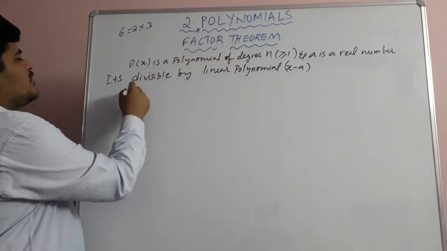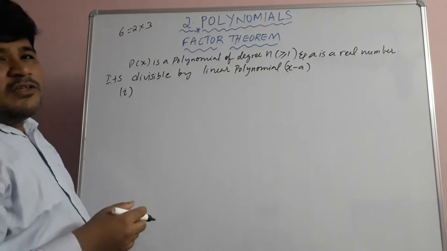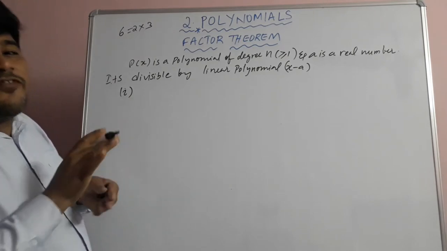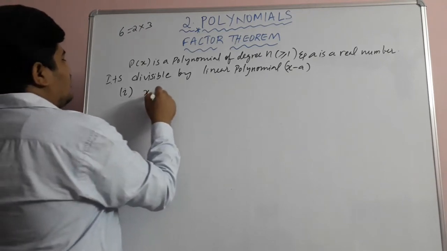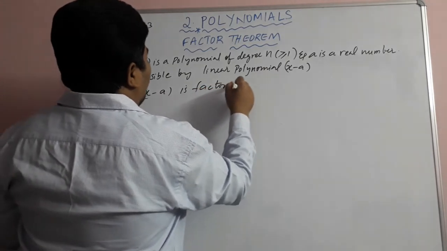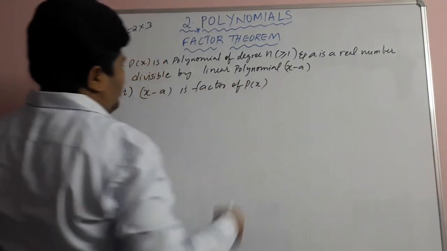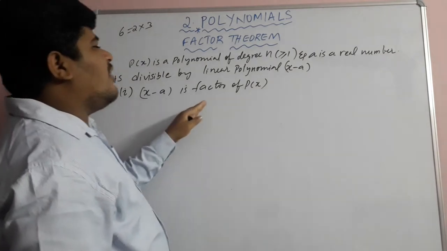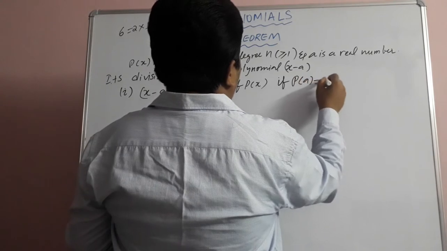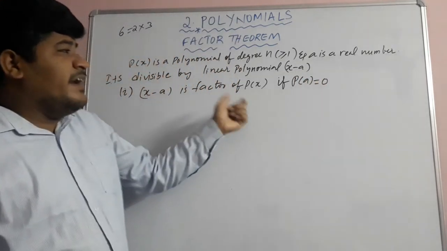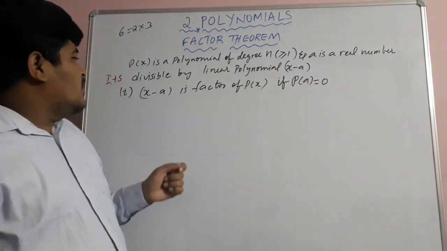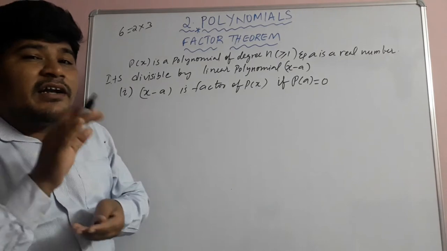So children, there are two statements in this theorem. The first statement is: x minus a is a factor of P of x if P of a is equal to 0. It means if the remainder P of a is equal to 0, then x minus a is a factor of P of x.